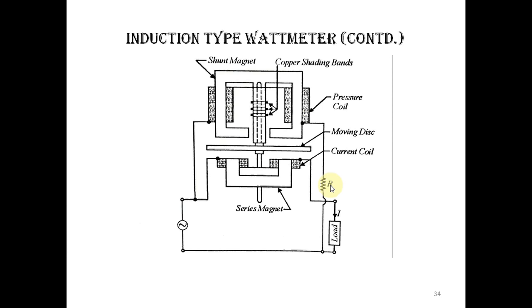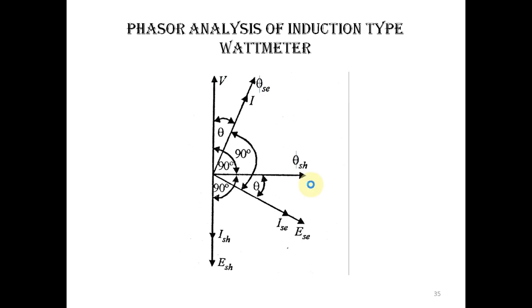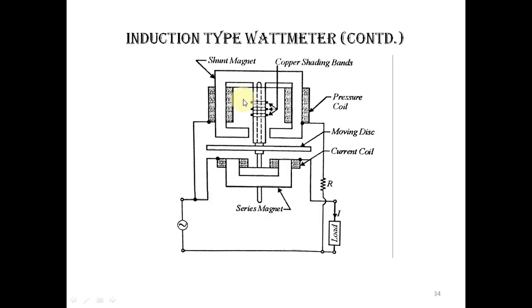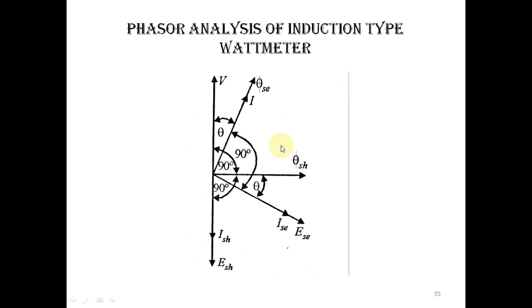So let's now go to the phasor diagram of induction type wattmeter. Here one thing, this will be phi series, this is phi sh. So you can see from here that the voltage and current, V and I, have a power factor angle theta, this theta.